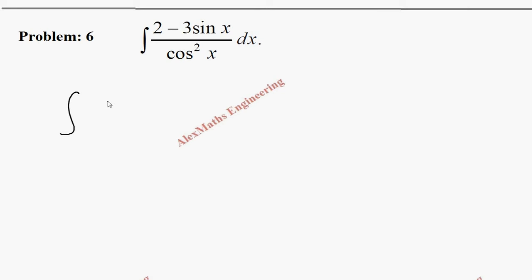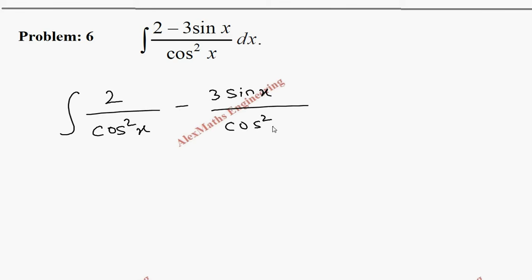Next problem, we have integration of 2 minus 3 sin x by cos square x. Let's divide this individually. So 2 by cos square x, the first term, minus 3 sin x by cos square x, is the second term into dx. Now when I carry this up, we get 2 secant square x, because 1 by cos x is secant x. So 1 by cos square x is secant square x, minus 3.